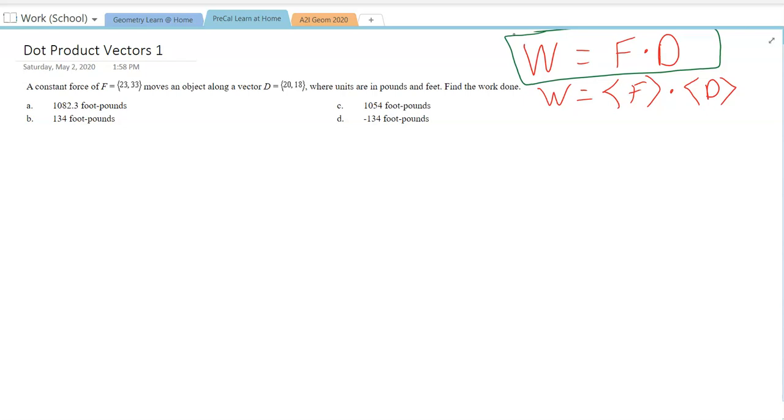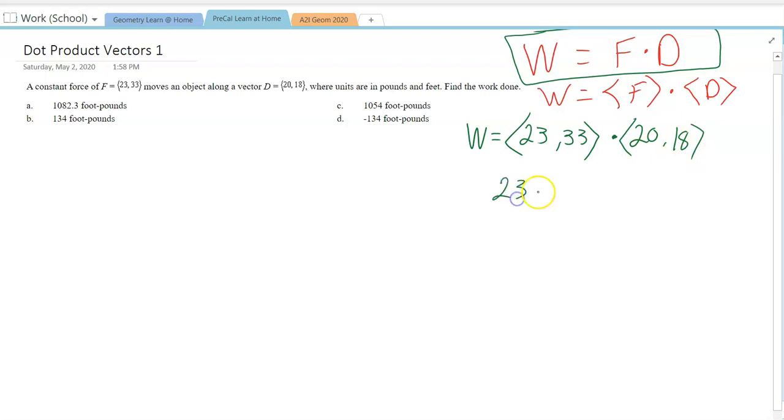So 2333 and D is 2018. 460, and 33 times 18.